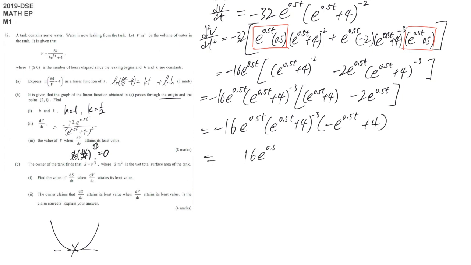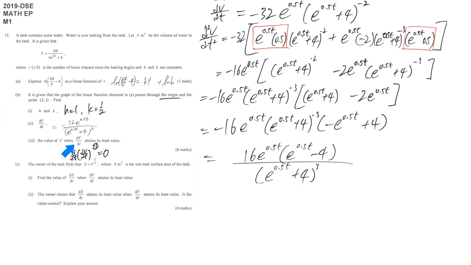We get 16 e power 0.5t times (e power 0.5t minus 4) divided by (e power 0.5t plus 4) power 3. We finish our preparation work to evaluate this condition.